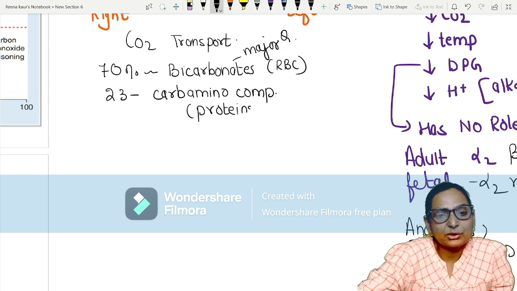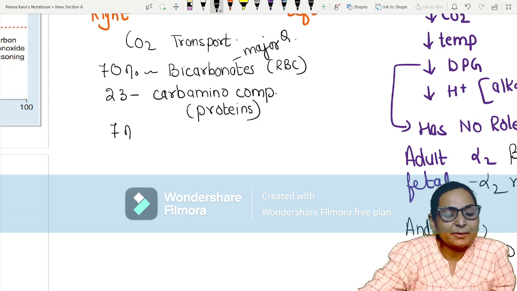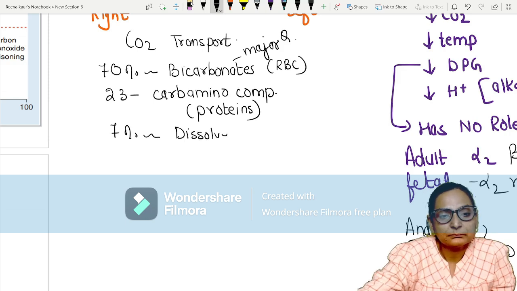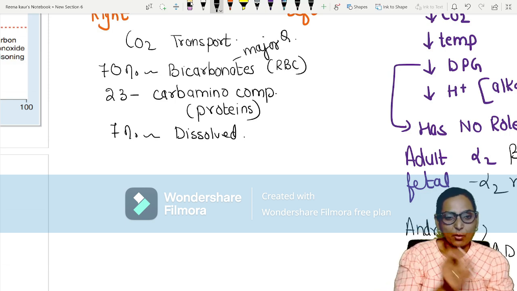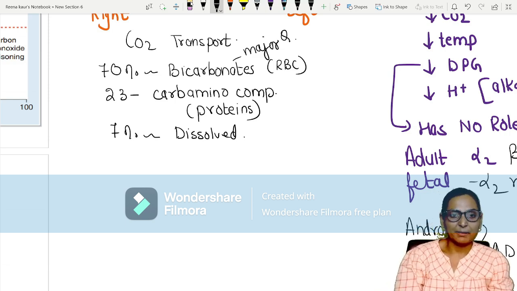And 7% is in the dissolved form. So the major form of transport of CO2 is bicarbonates.